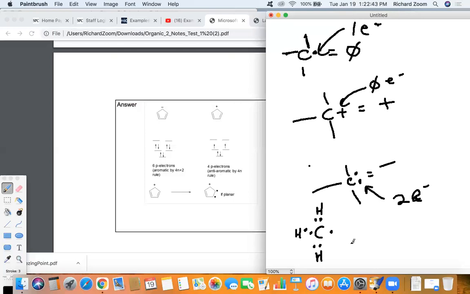Would you agree with that? Yes, but I don't understand why that C is not bonded. It's bonded to another C, isn't it, in the ring? No. Oh, okay. Well, I think I see what you're saying. Okay. Remember, this is a line structure, so really, there's an H connected up here too.